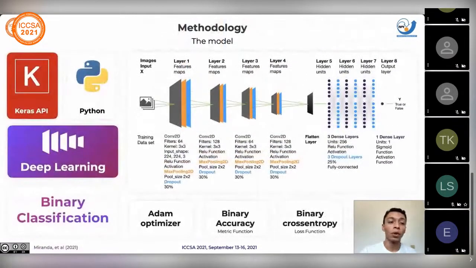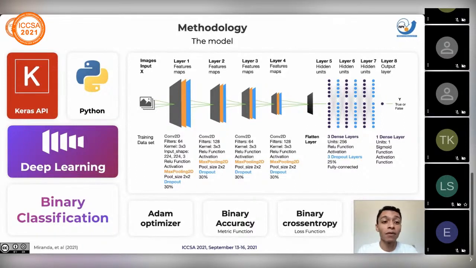The model. We designed a deep convolutional neural network for binary classification with the Keras API in Python. Looking at the flowchart of the model, we see four convolutional layers activated by the ReLU function, and 4 max pooling 2D and dropout layers.